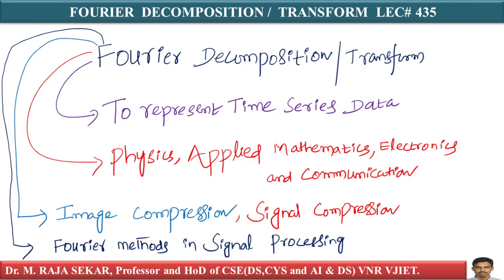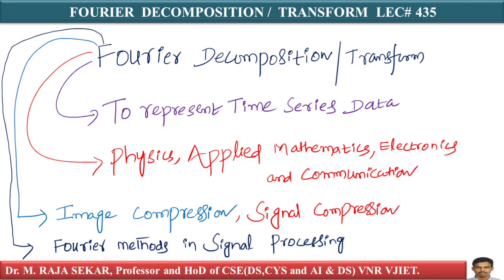Lots of students who study engineering would have encountered this in one of their engineering mathematics subjects. As usual, since we are not using it for a long time, most people would have forgotten what Fourier decomposition is. Before we go and understand it, we have to understand some simple terminology.